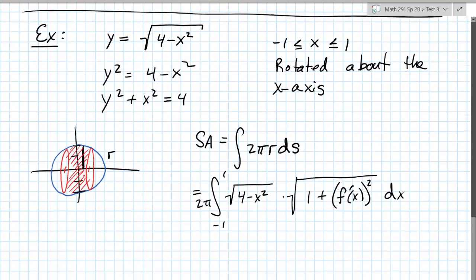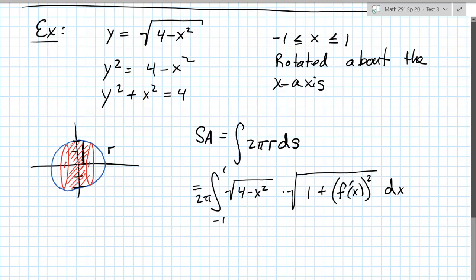So f prime of x is going to be 1 over 2 square root 4 minus x squared times a negative 2x from the inside derivative.